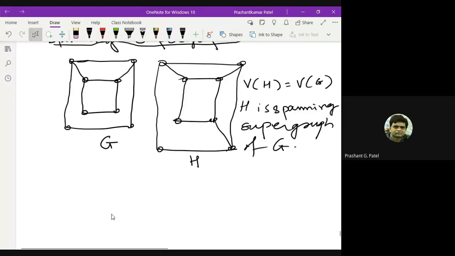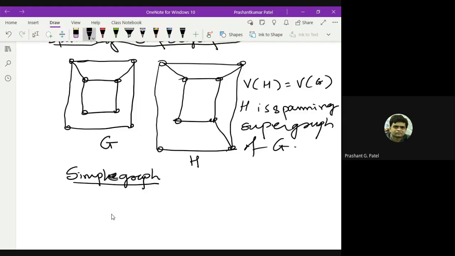So if I have a simple graph, what does it mean? What is the definition of a simple graph? It has no loops and no parallel edges. That is known as a simple graph.